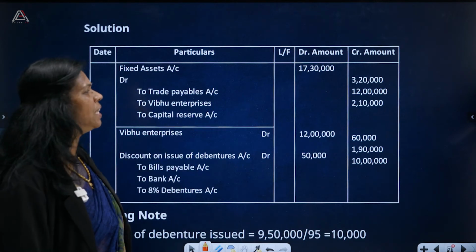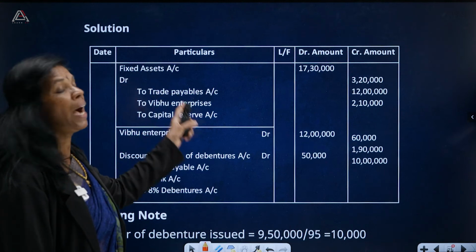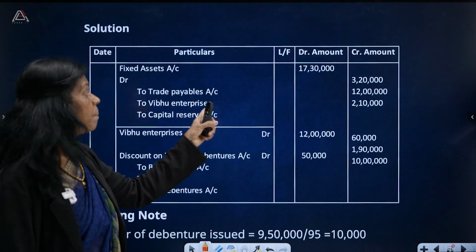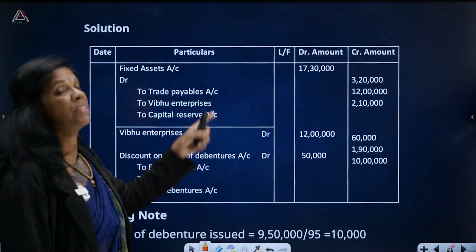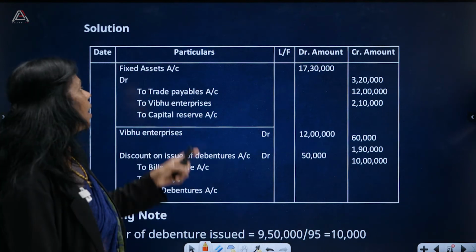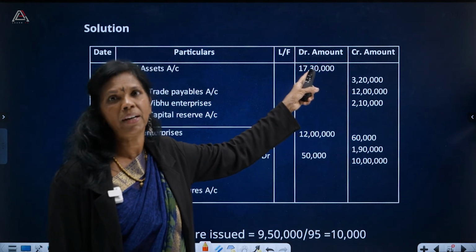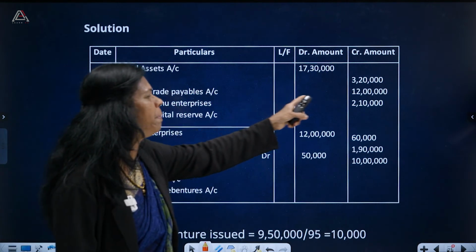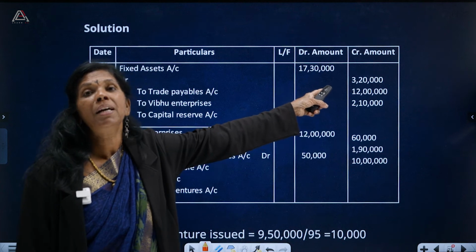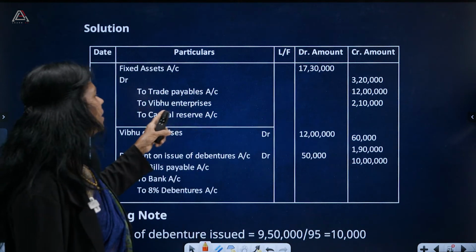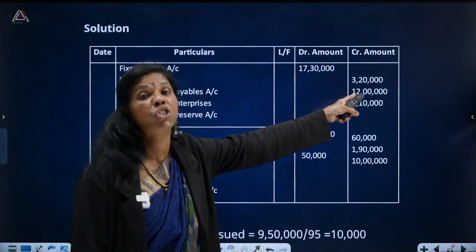Have you understood the journal entry? When the assets and liabilities are taken over by the purchaser from the vendor, how much is the assets total? 17,30,000. It is given. Then to trade payable, it is given in the question, that is 3,20,000. Then to Vibhu Enterprises, this is 12 lakh.